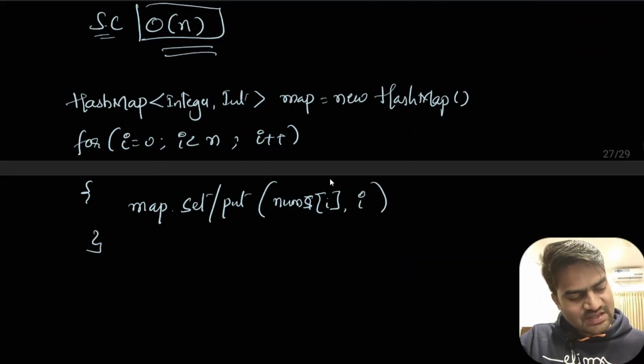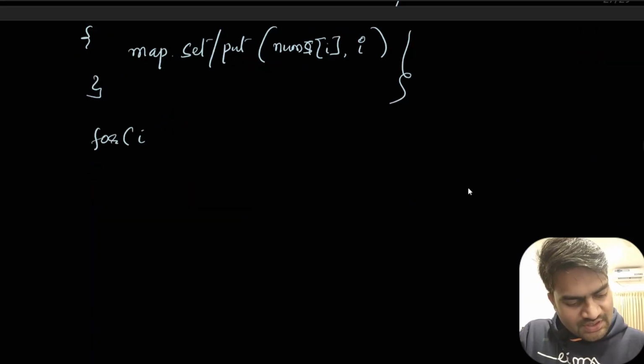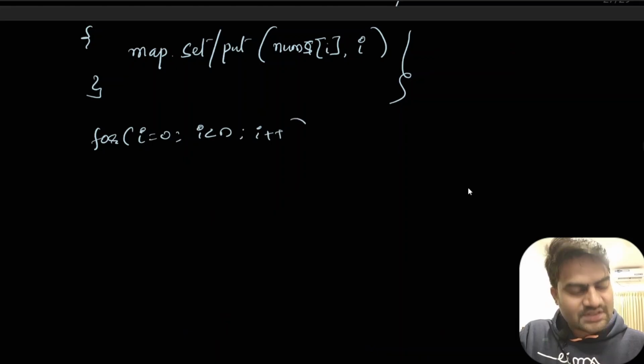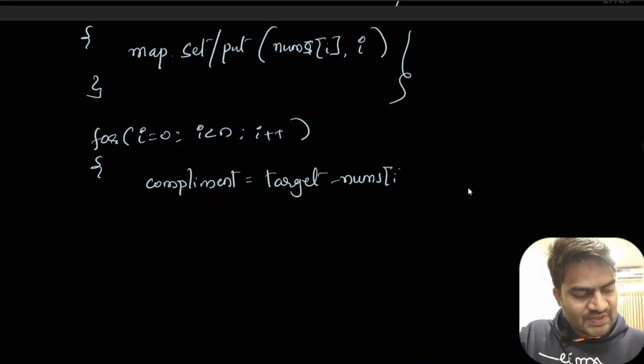So this is the first for loop. Next, for loop i equal to 0, i less than n, i plus plus. Now I will say my complement equal to target minus nums of i.